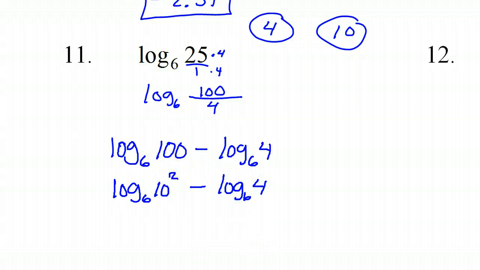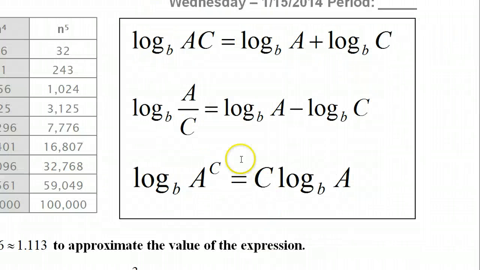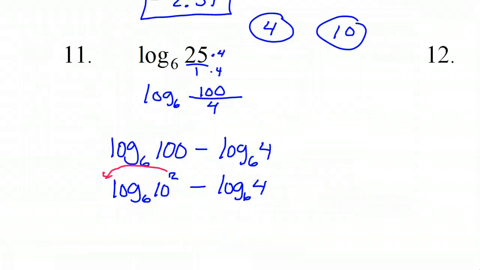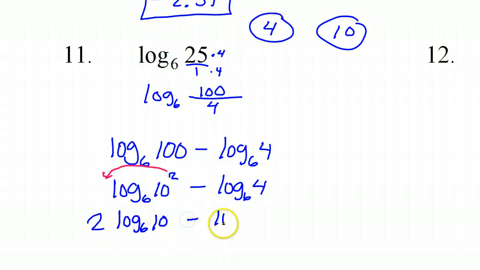And then this 2 can go in the front according to rule number 3. The exponent comes out front. Okay, so now we've got it. So this would be the same thing as 2 times log base 6 of 10 minus log base 6 of 4.